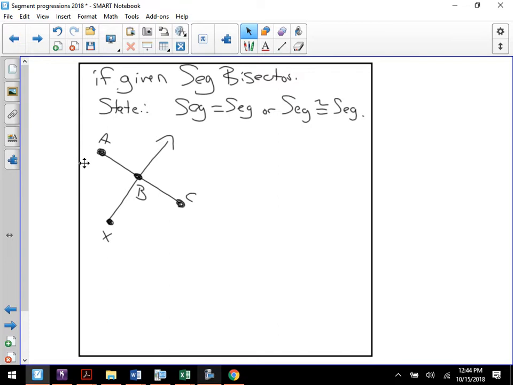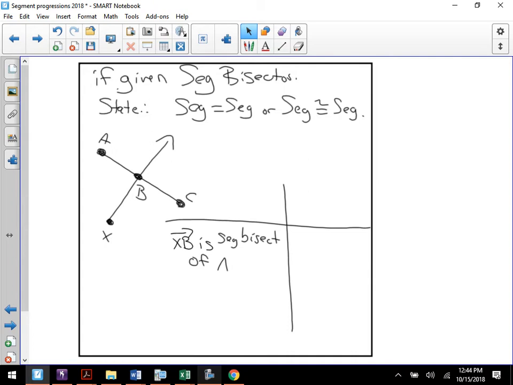Another segment could bisect a segment. A line could go through a segment and bisect it. But here I can say XB is a segment bisector of AC. If that's given, what two segments are now equal or congruent?